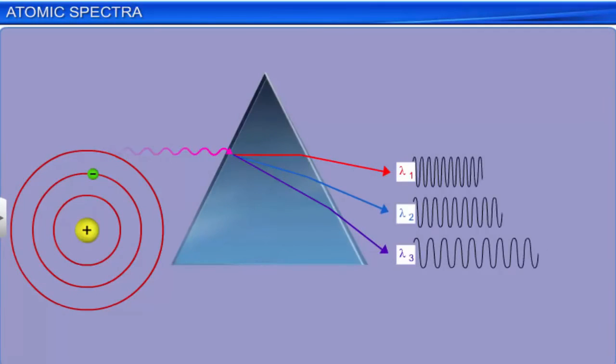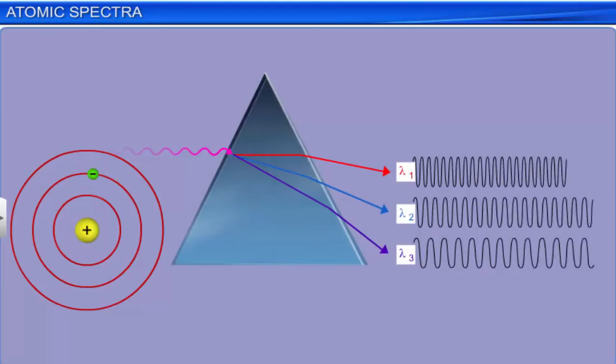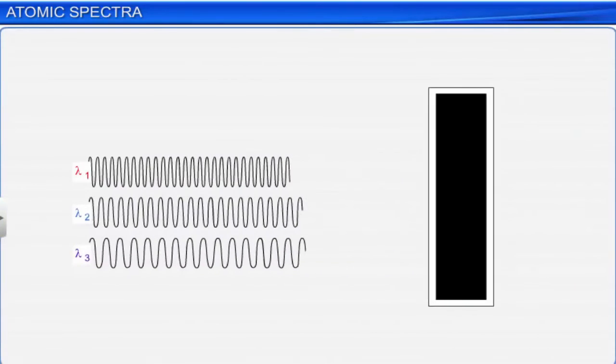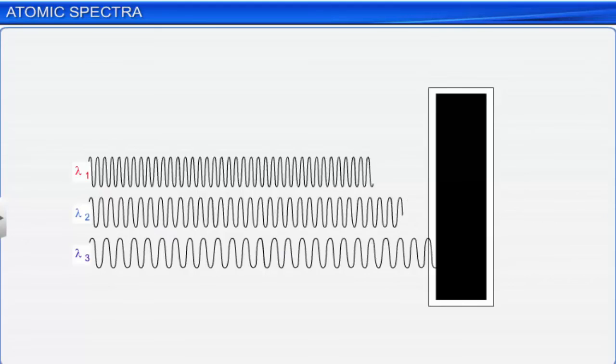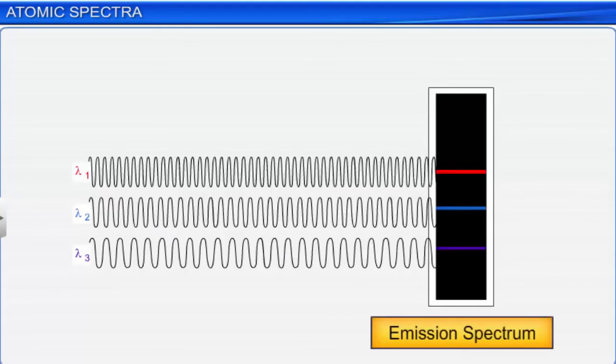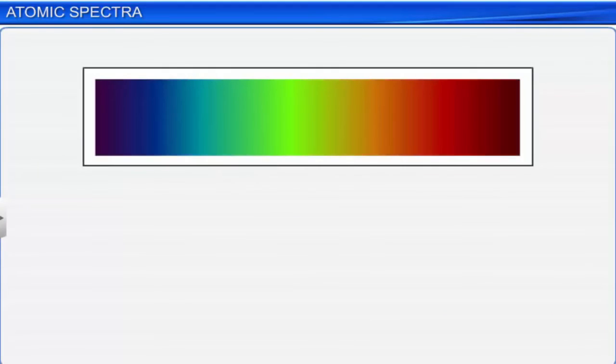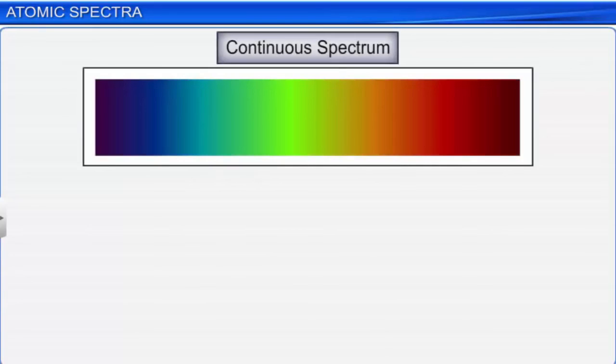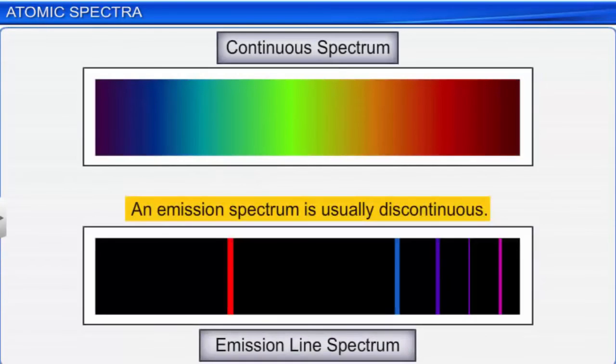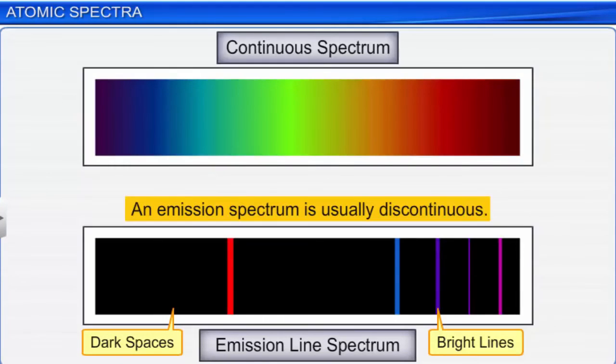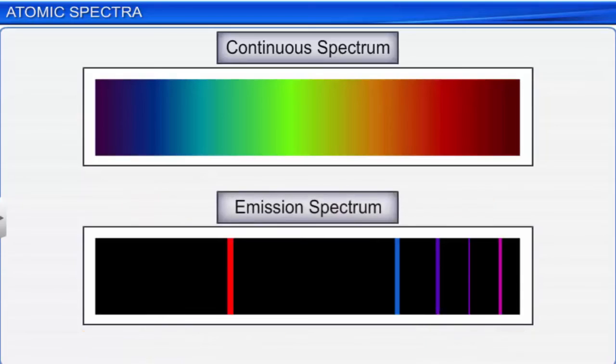Depending on the amount of energy emitted, a radiation of particular wavelength is obtained. The spectrum of radiation emitted by an atom is called emission spectrum. It contrasts to the continuous spectrum of white light, and emission spectrum is usually discontinuous with dark spaces between the bright lines. Such a spectrum is called line spectrum.